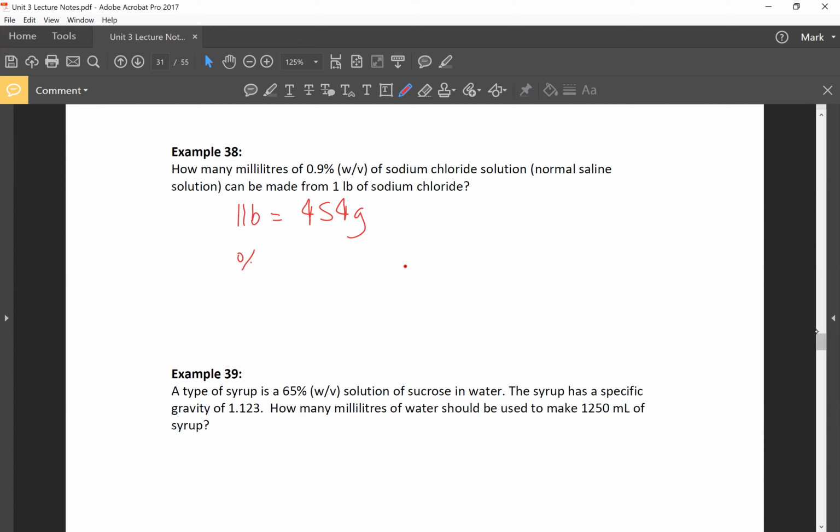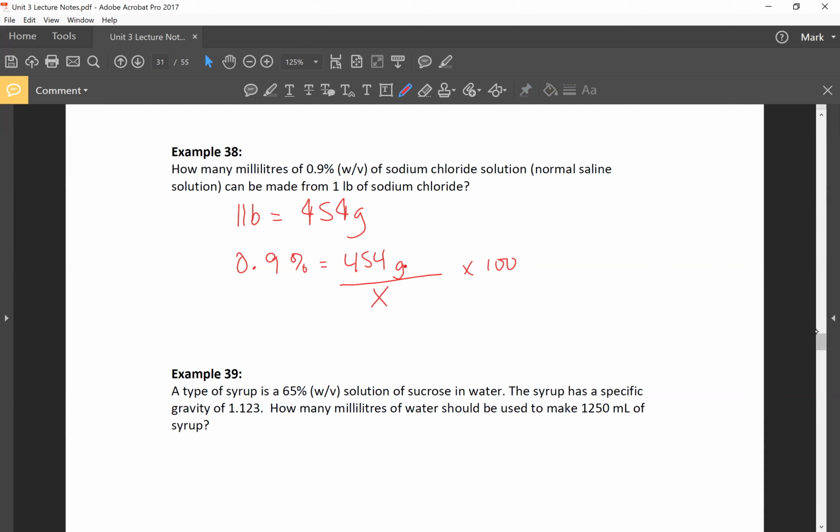So my percent is 0.9% equals 454 grams over X times 100.